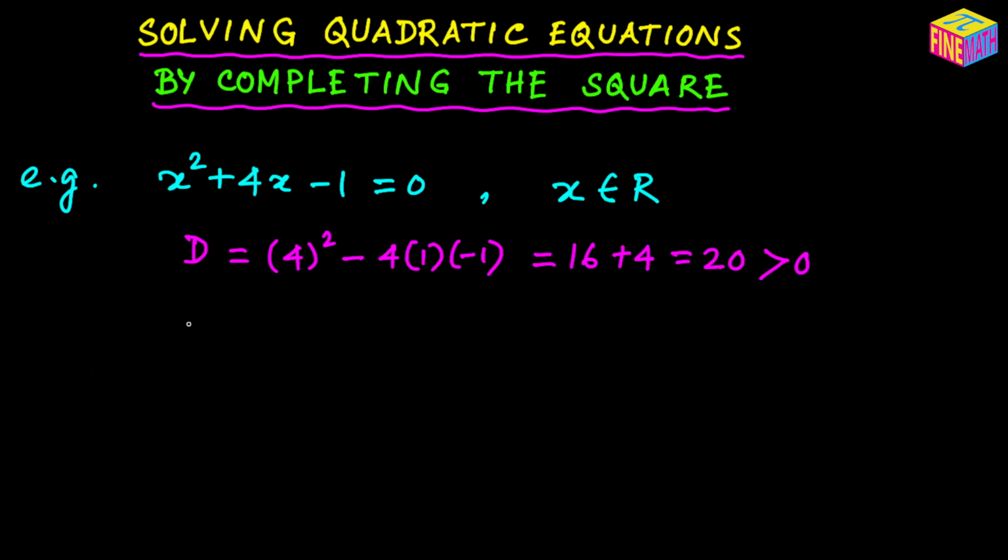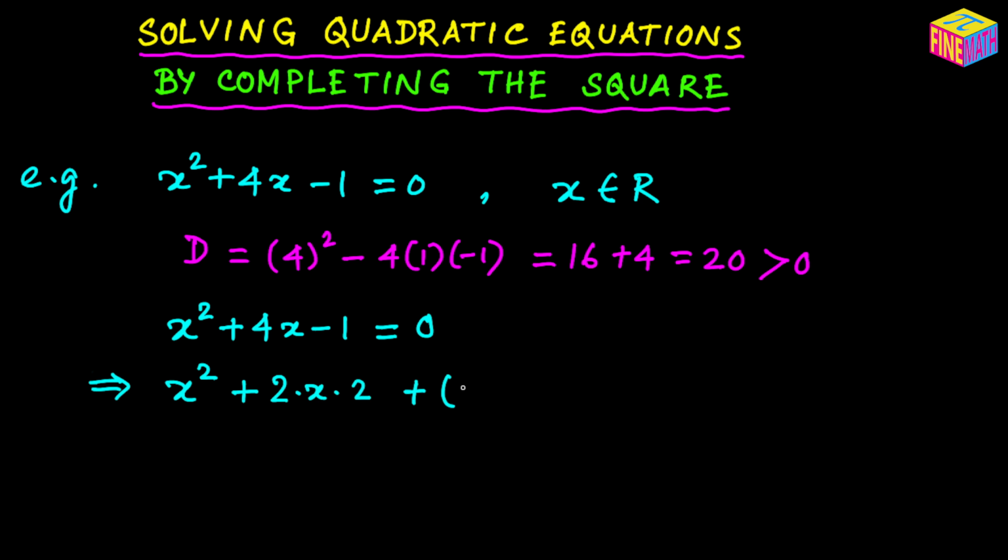Our original equation was x squared plus 4x minus 1 is equal to 0. From here, can we write it like this? Let's write x squared plus the 4x term as 2 times x times 2. And then if we had a 2 squared, which is not there, I know, but I'm forcefully writing it, and then we subtract the 2 squared, our equation is still valid.